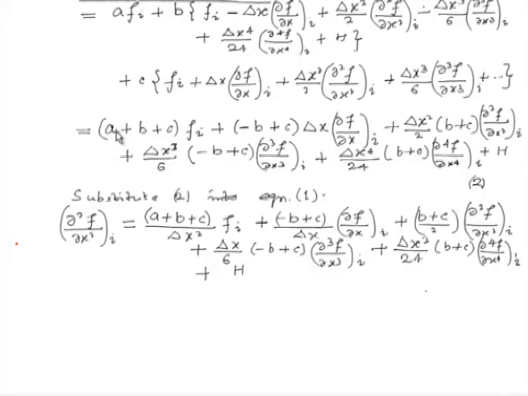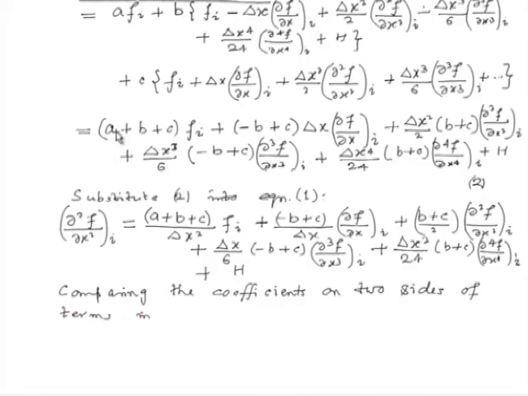So if we compare the coefficients on two sides, comparing the coefficients of terms involving f(i), del f over del x of i, del 2f over del x square of i and so on.